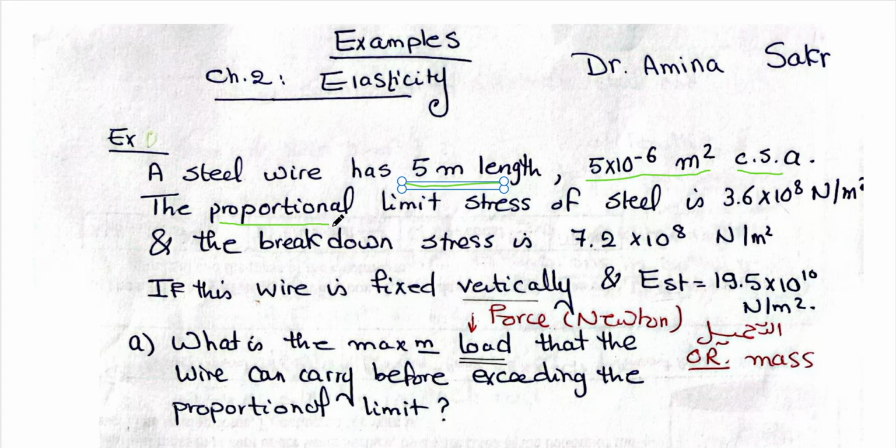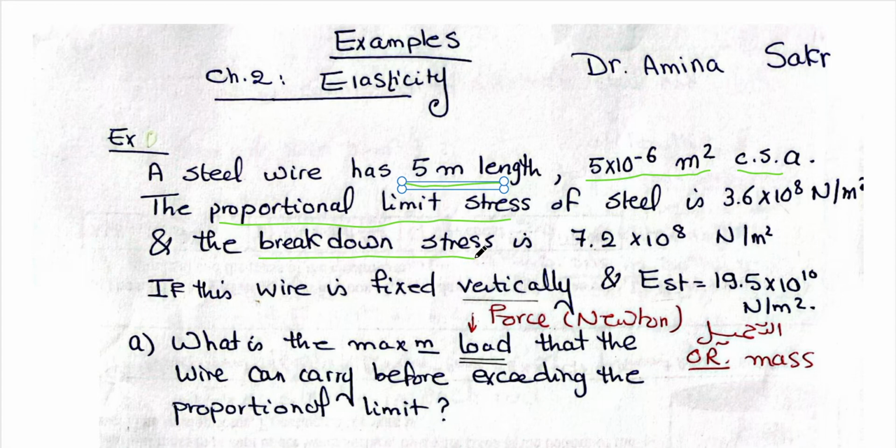It's given its proportional limit stress. Proportional limit stress is the last point of proportionality between stress and strain. It's also given the breakdown stress, which is the stress which causes the breakdown of the wire.